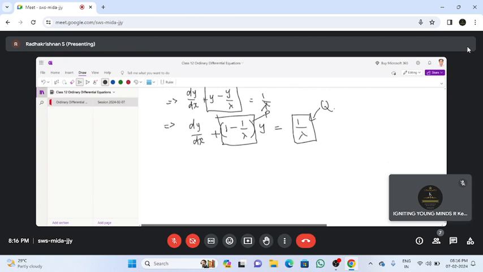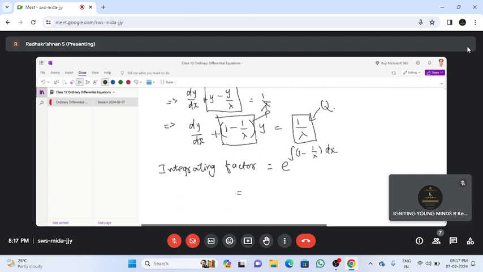So the integrating factor is... What is integrating factor? I told you a little while ago, e to the power of integral p dx. Okay, so we can try to further simplify this.